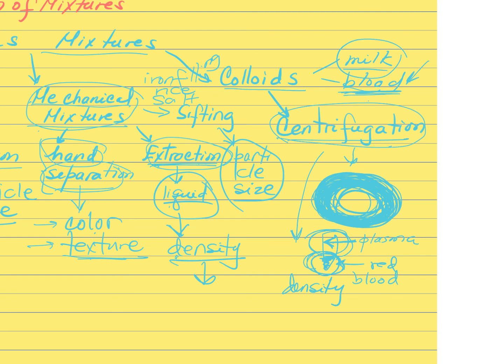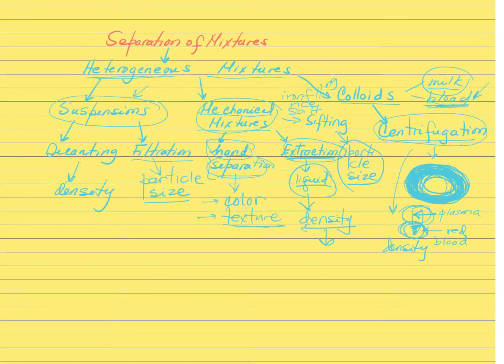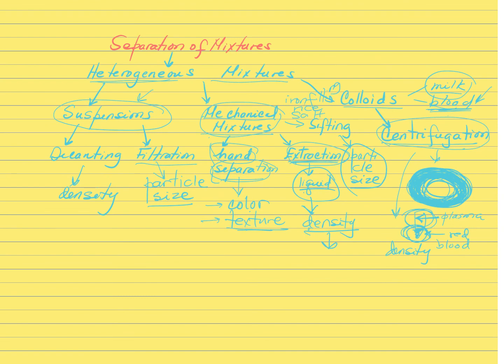You're gonna be able to recover both components. This is everything that you need to learn about the separation of mixtures, and I think that with all this information, you're gonna be able to complete your classwork.